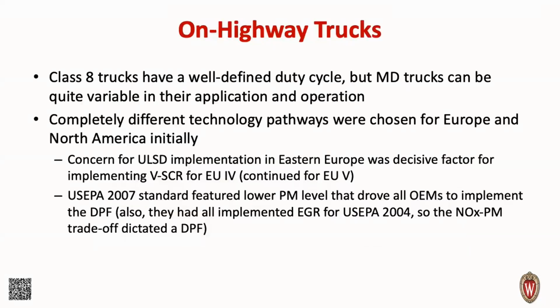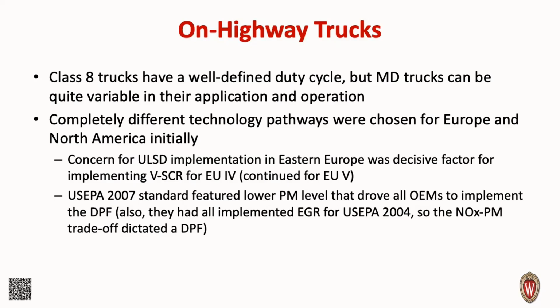And looking at on-highway trucks, so Class 8 trucks have a very well-defined duty cycle, but medium-duty trucks, your Class 3 through 5, can be very variable in their application and operation, right? These are things like your UPS trucks, or small box vans.